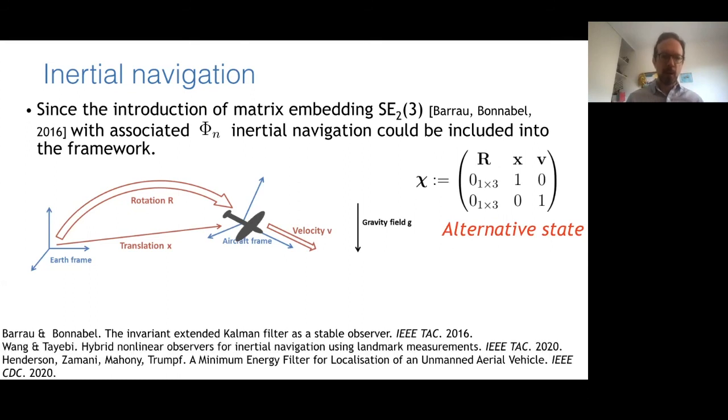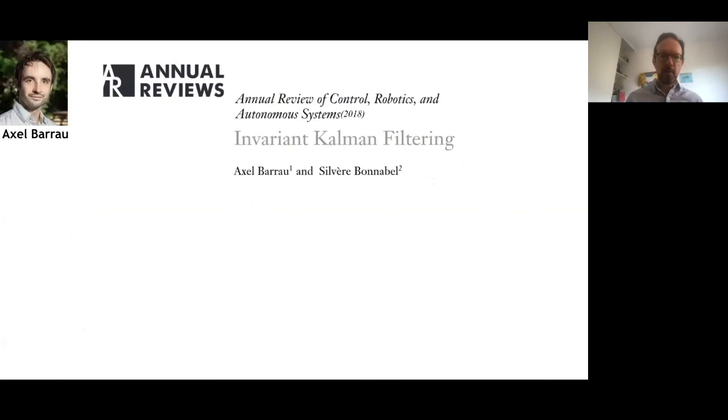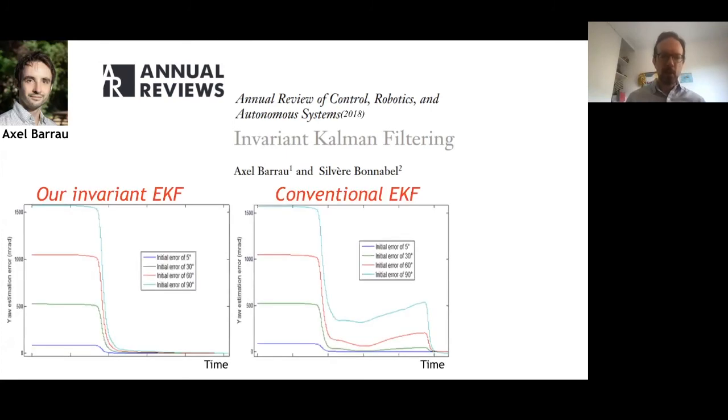And following up this approach, Wang and Tayebi, Anderson, Zamani, and Mahony and Trumpf also got some very nice convergence results recently. So yes, this is Axel Barrau. Most of the entire theory that I have shown has been developed jointly with him, and it's recapped in this annual review paper that's a tutorial.